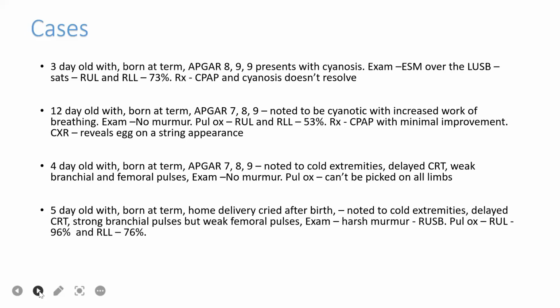But unlike the third baby, the brachial pulses are strong, but the femoral pulses are weak. On examination, a harsh murmur is picked up on the right upper sternal border. This is what we call the aortic area. The previous one was the pulmonary area. Then pulse oximetry: right upper limb saturation of 96%, right lower limb saturation of 76%. So a difference in saturation of the two limbs of 20%. So ask yourself what this could be.